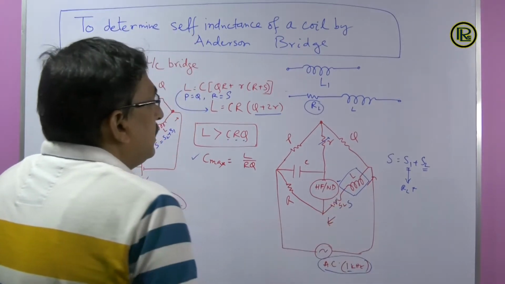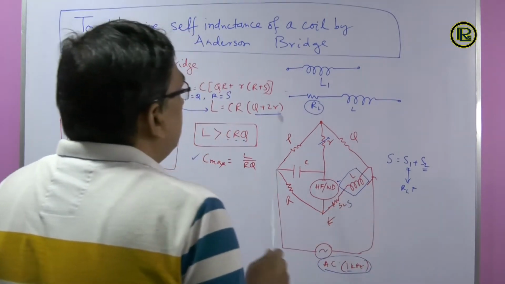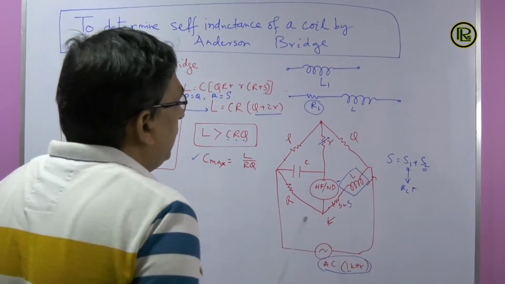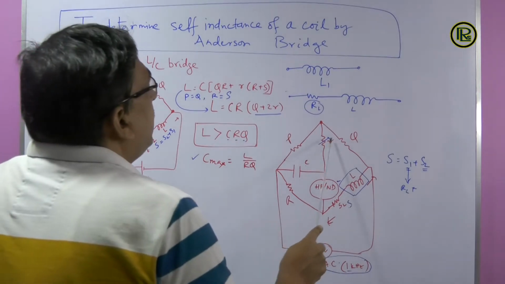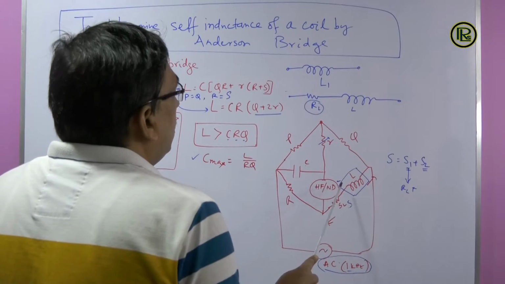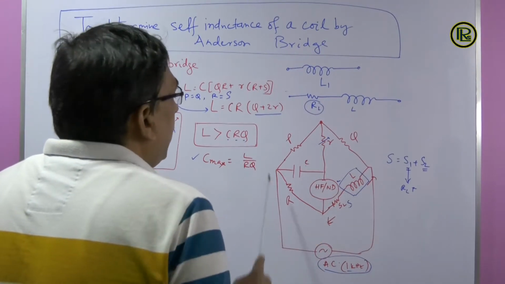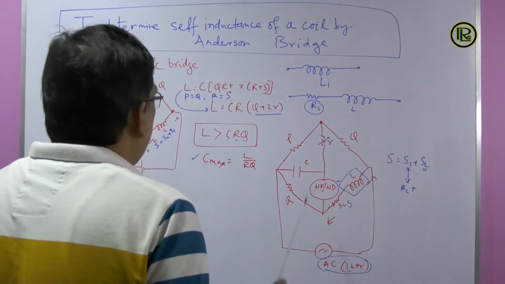Now this will be fixed, and in this bridge we get the balance just by varying r. With the help of the headphone or null detector, varying r, we have to get the balance here. This balance is called AC balance.